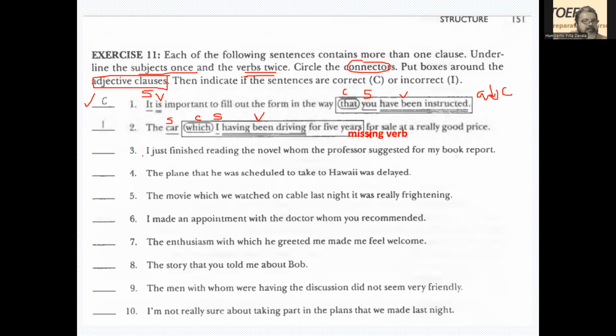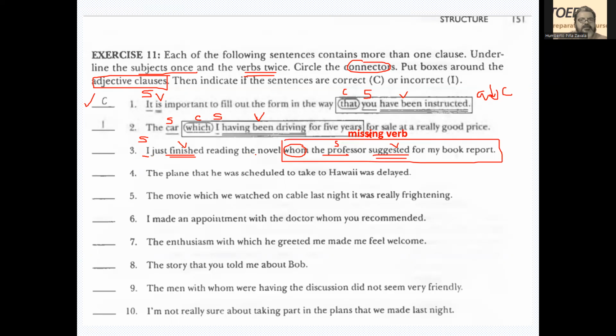All right, now that you're back, we have: I finished reading the novel whom the professor suggested for my book report.